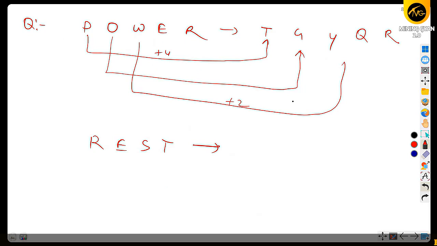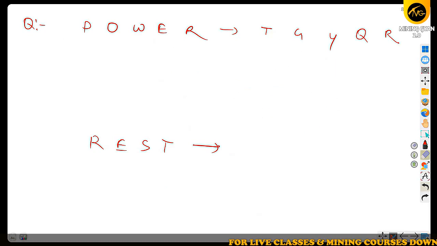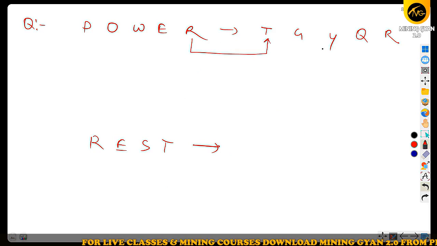So you can easily find out there is no connection between these numbers by the forward direction coding. So in this type of question you cannot use the forward coding. That's why you have to use the forward reverse coding. What is the forward reverse coding? Just connect the last alphabet to the first alphabet of the coded language.